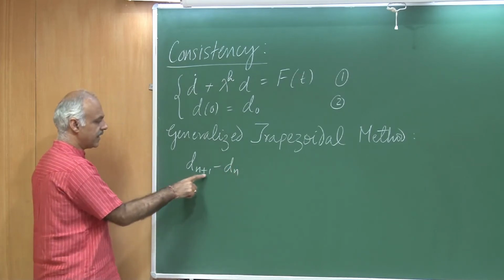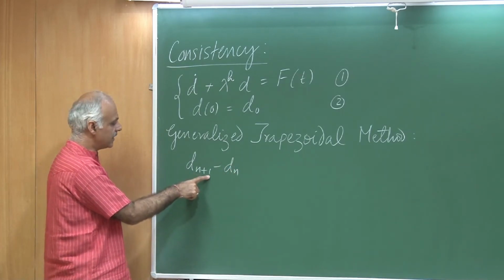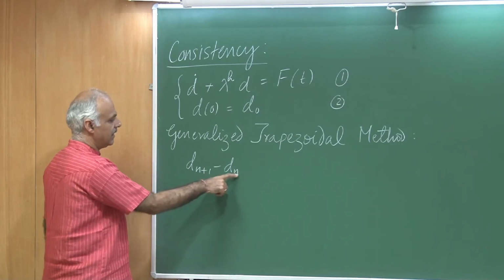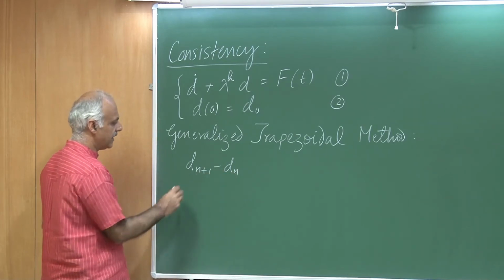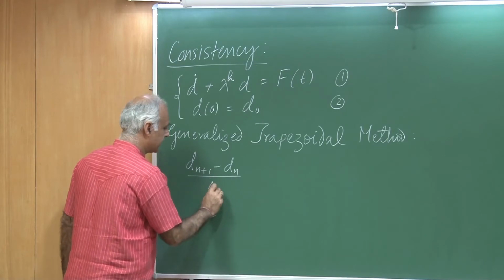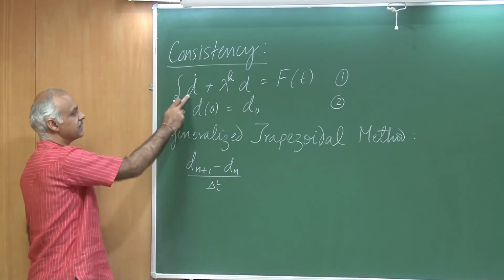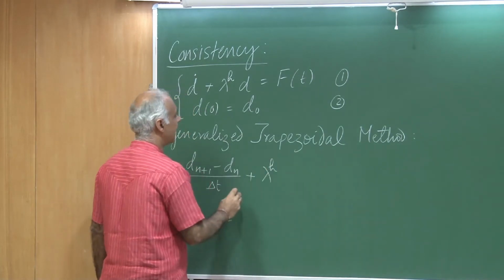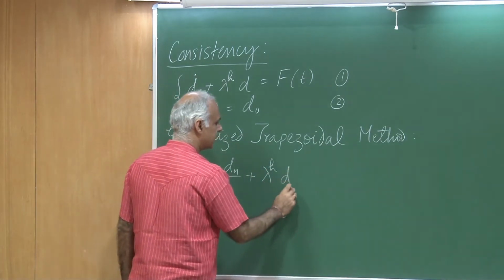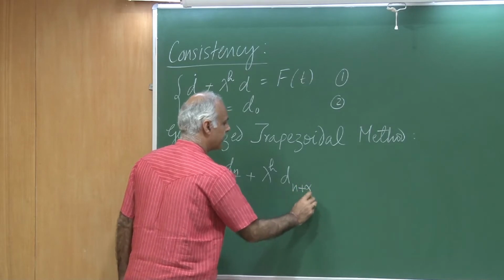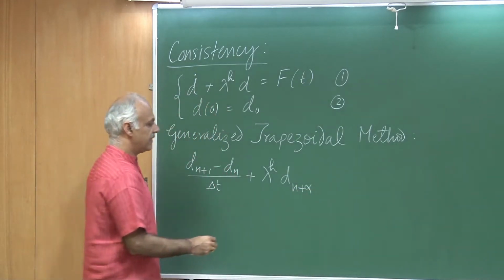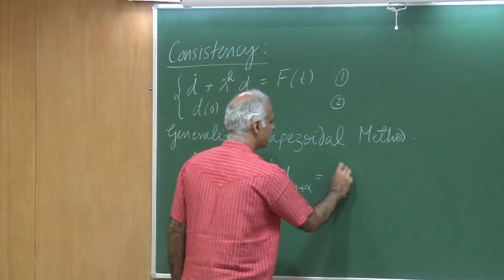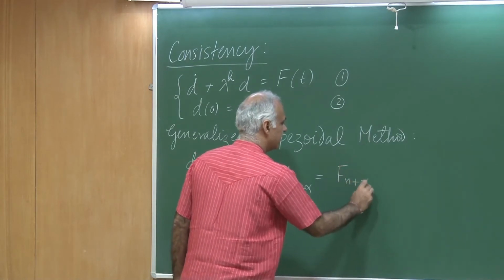The notation is n plus 1 denotes the values at time level n plus 1, and likewise this is at level n, divided by delta t. So, that is the approximation for the time derivative. Lambda h times d, this I am going to evaluate at n plus alpha, and similarly f is going to be evaluated at n plus alpha.